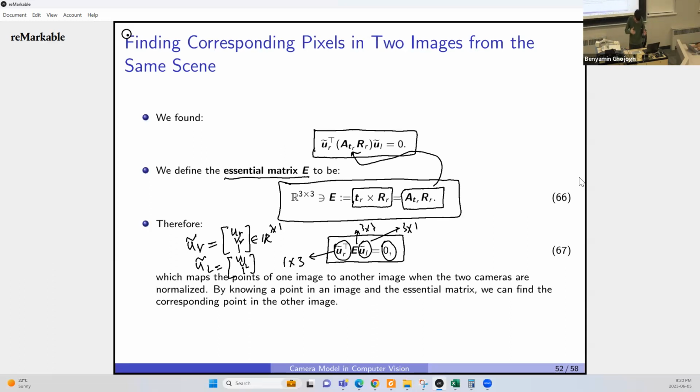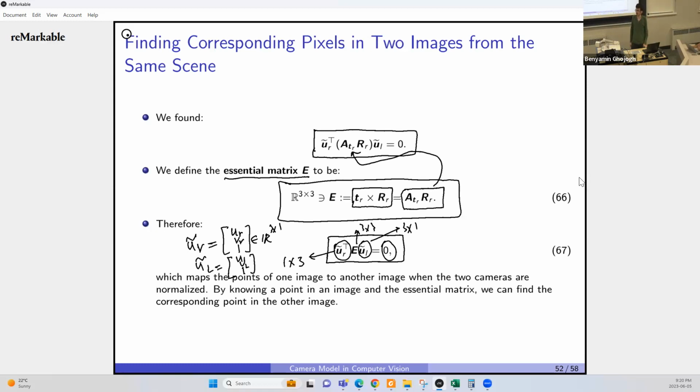It means that these are the pixels in the two images. So it's a map from corresponding pixels to each other. You map a pixel in this image to the corresponding pixel in another image.